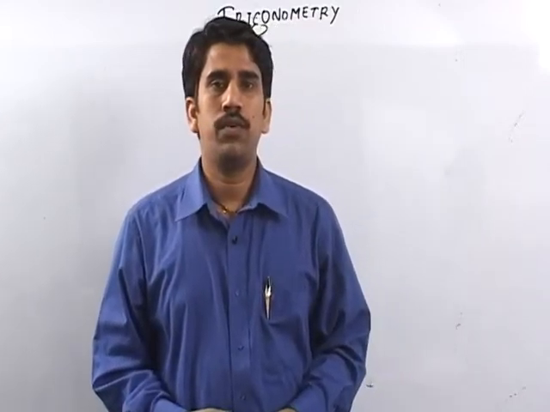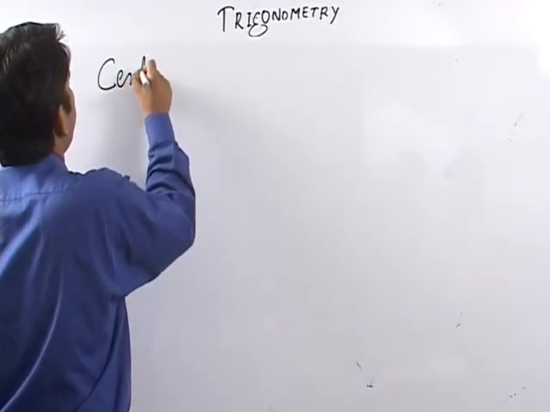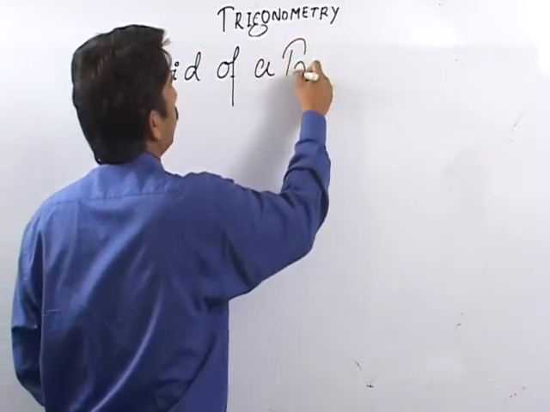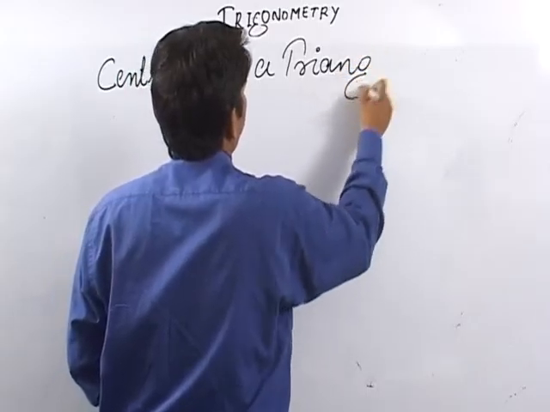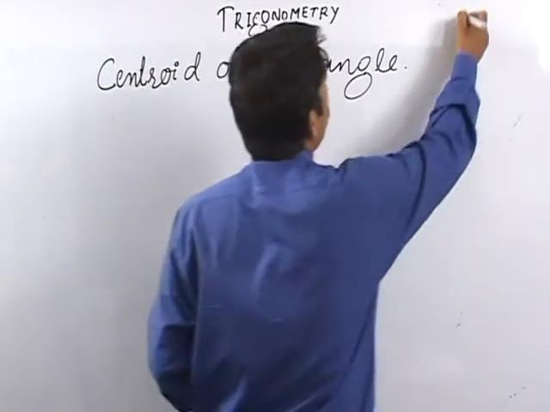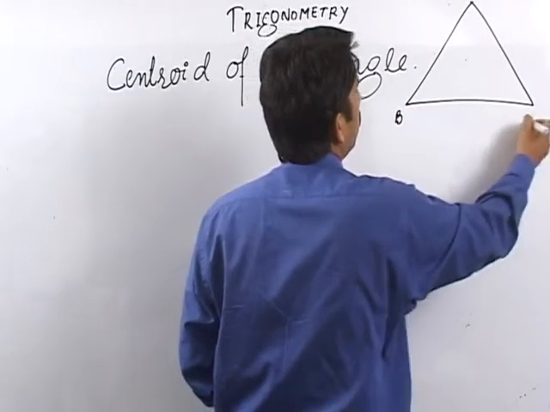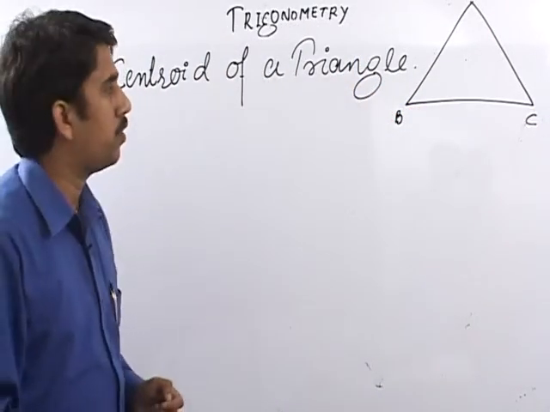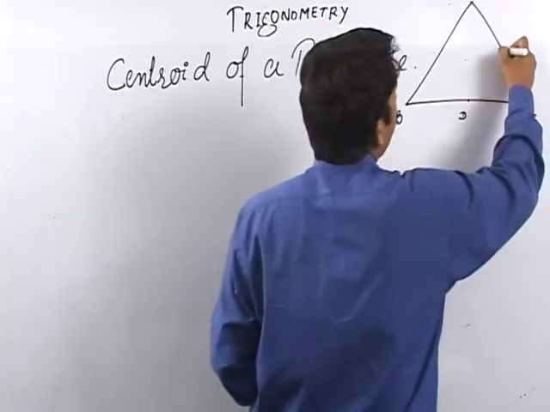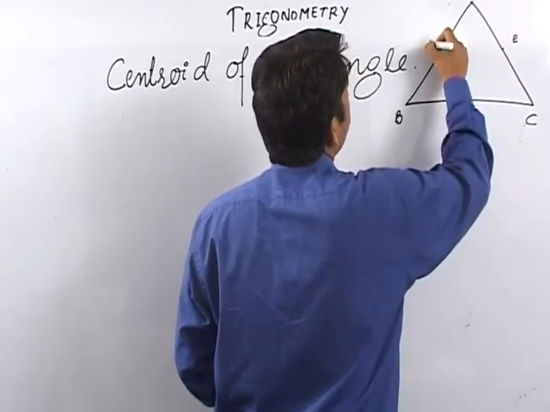Now we will do centroid of a triangle. What is centroid of a triangle? Suppose you have a triangle ABC. This is A, this is B, and this is C. Now, let D be the midpoint of side BC, E be the midpoint of side AC, and F be the midpoint of side AB.